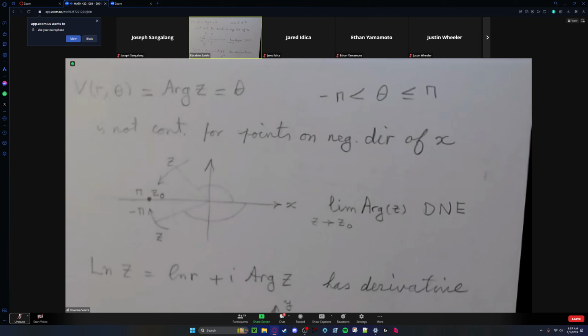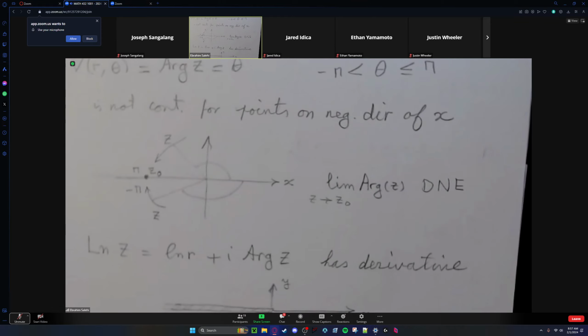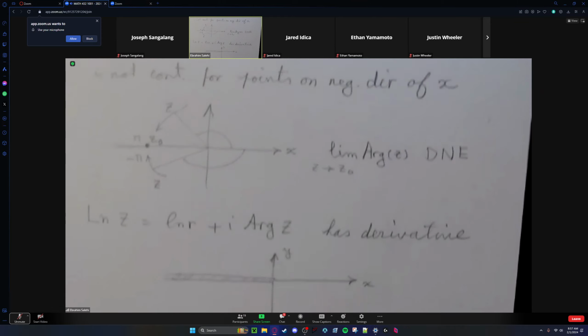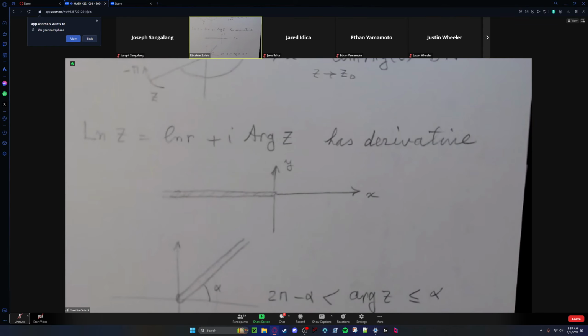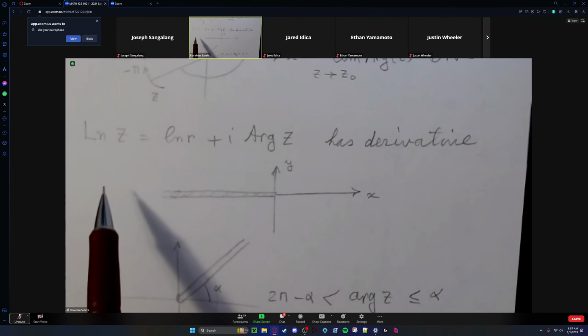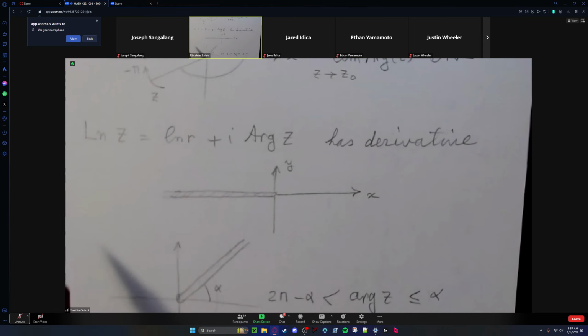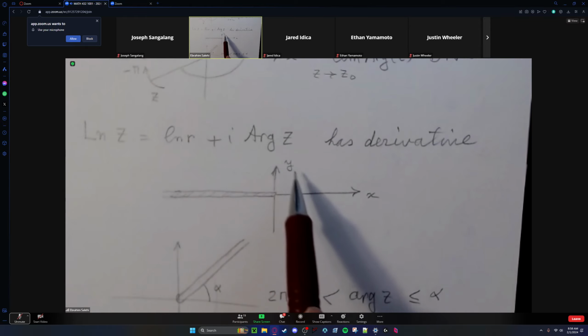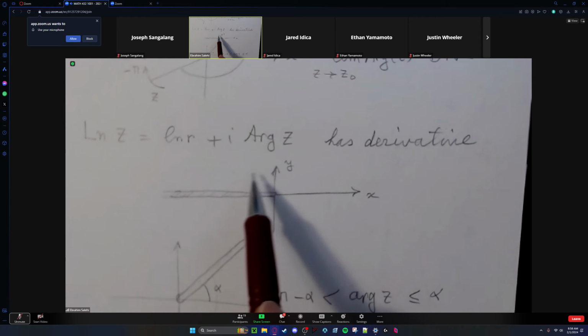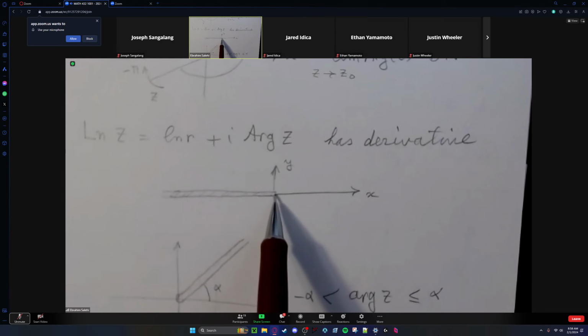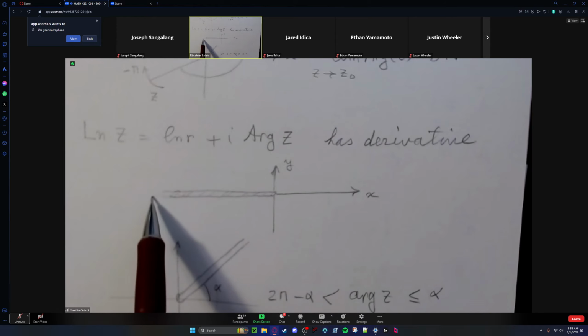Okay, so what is the conclusion? The conclusion is that the principal branch of logarithm has a derivative everywhere except on the negative direction of the x-axis.